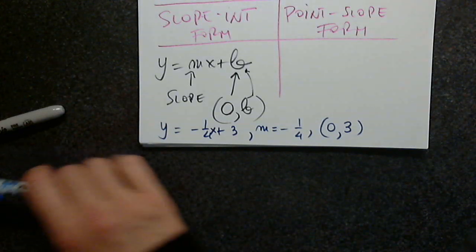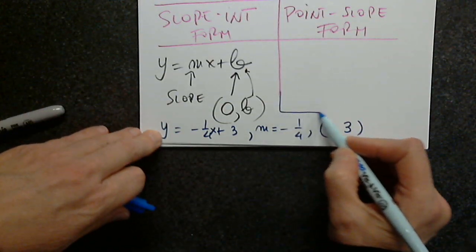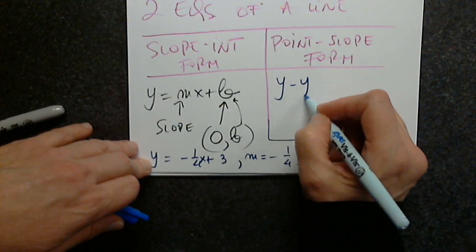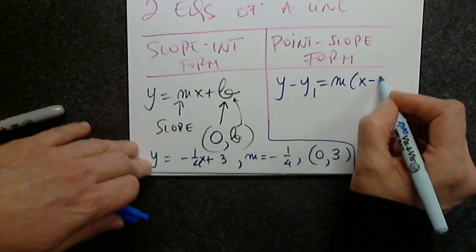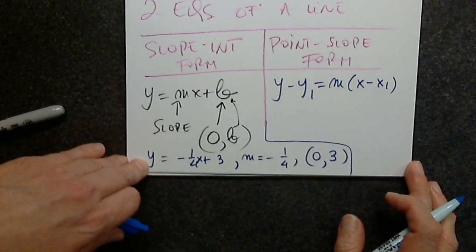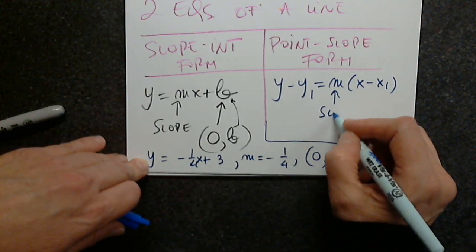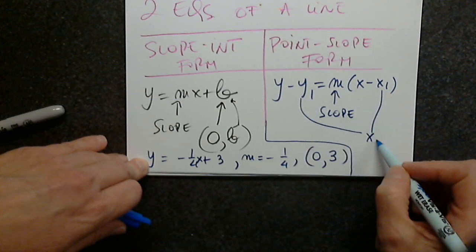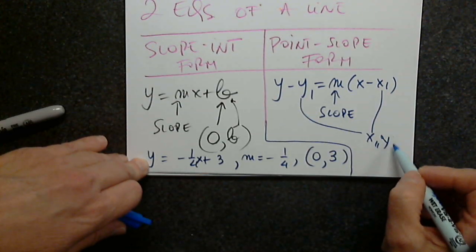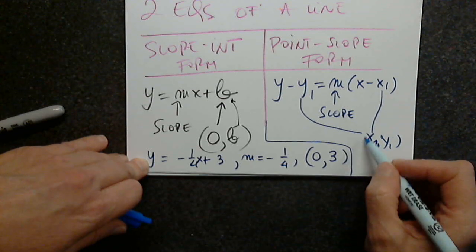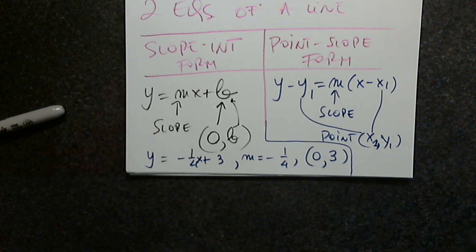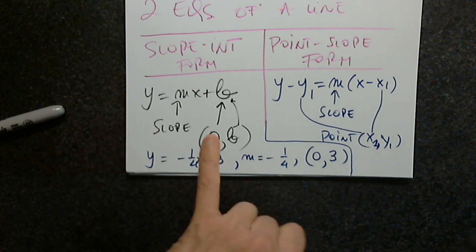Okay, let's refresh our memory on the second form. y minus y1 equals the slope times x minus x1, where of course this is the slope, and x1 comma y1 is the point. Can it be 0 comma 3?